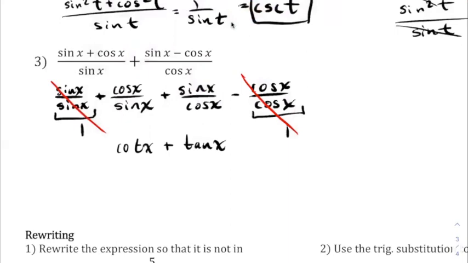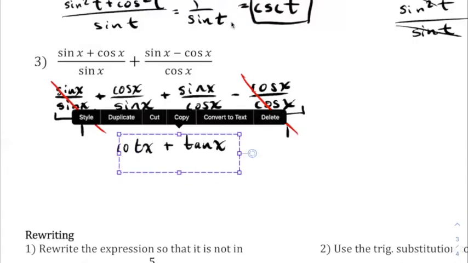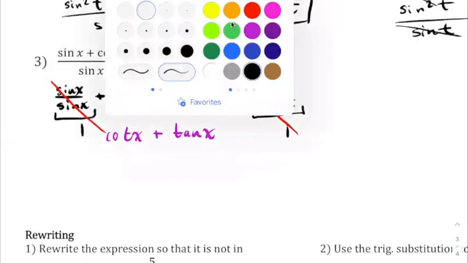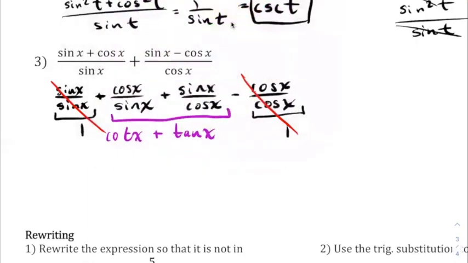So there are a couple things that we can do here. As long as we remember that this is, let me change the color for that so you can see that these are the same. We're going to need to find a way to add these two together. But I think we already made our lives a little bit easier because adding these two terms is much easier than what we were trying to add before. So we need to have the same denominator.